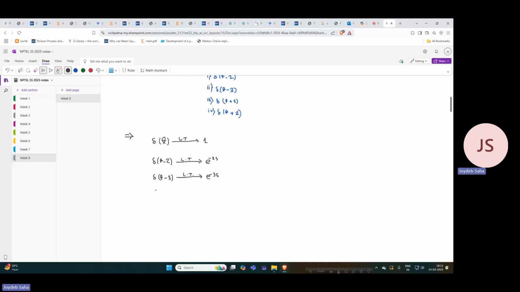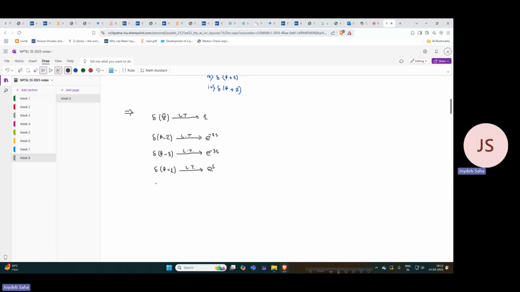If we have delta t plus 1, its Laplace transform will be e to the power s only.